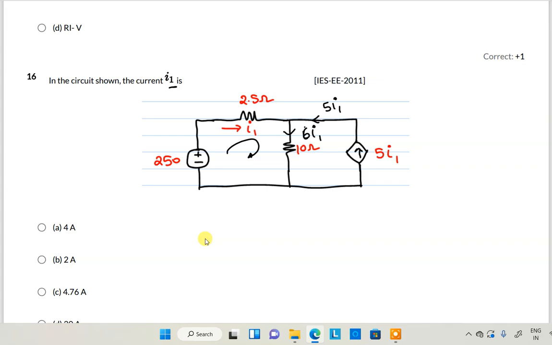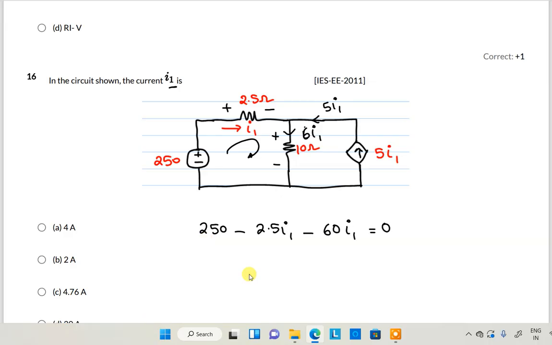KVL here. The polarity is here 6, right? So we can apply plus 250 positive, minus, because positive and negative, minus 2.5 into I1 plus minus 60 I1 is equal to 0.